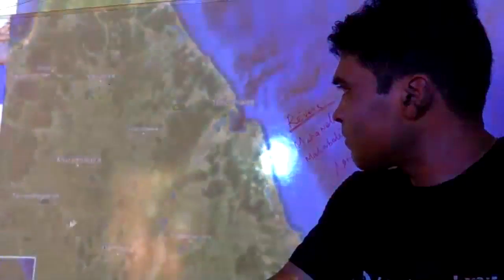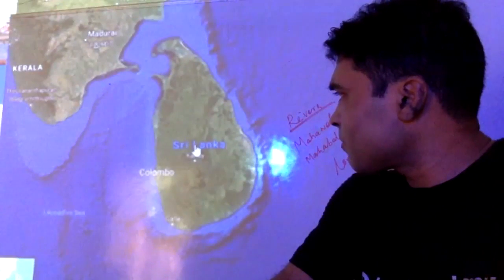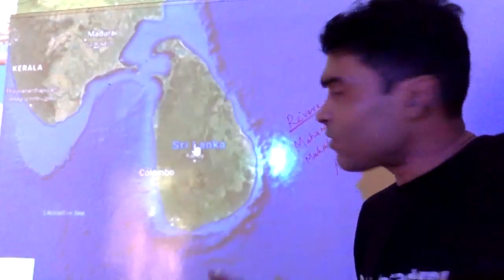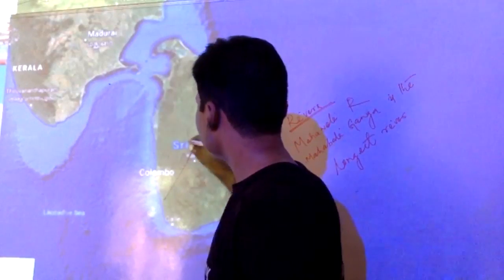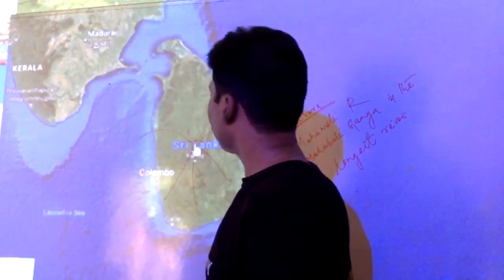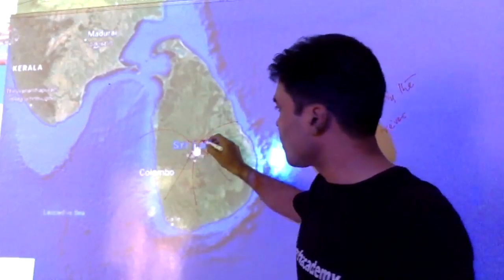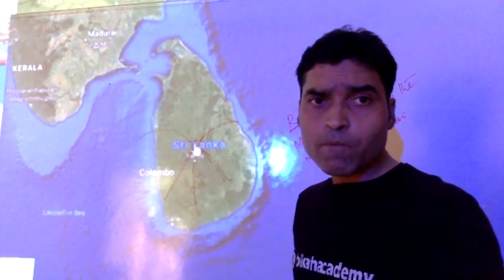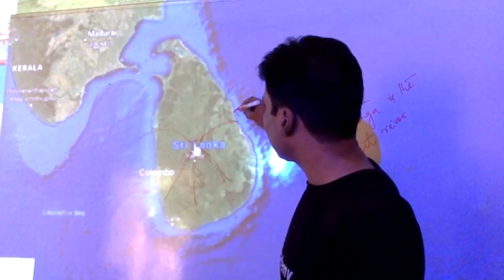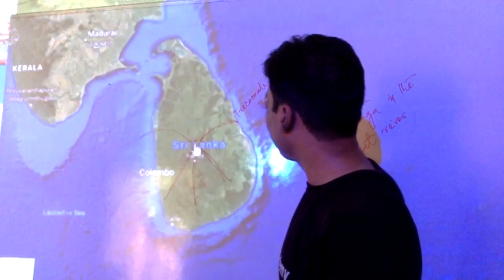Let's go to the physical map. Another thing you have to remember is that most of the Sri Lankan rivers originate like this, and because this portion is very high, the rivers flow like this. And here is Trincomalee Bay.